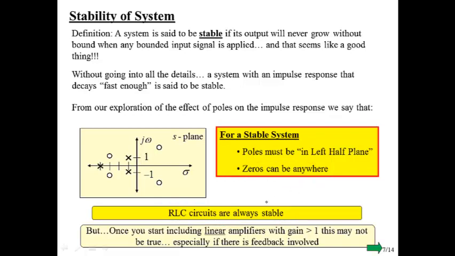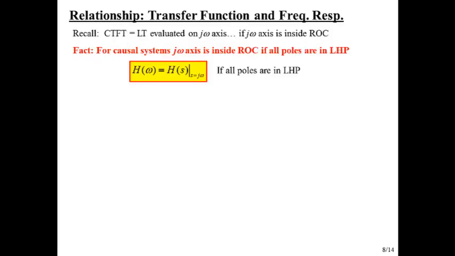So when designing passive RLC circuits, we don't have to worry about stability. But as soon as you start putting amplifiers in there with transistors, op amps, and things like that, especially those with gain greater than 1, and especially if there is feedback involved, then our systems might start becoming unstable, and we have to analyze that and worry about that.